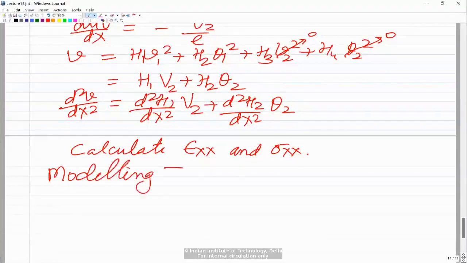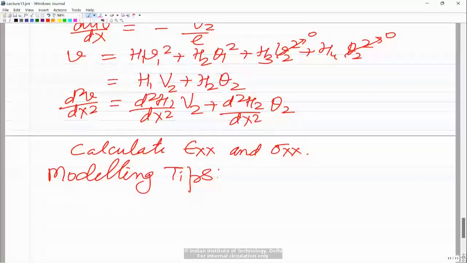Now we have discussed truss element and frame element. After the transformation we have the truss element, which has 2 degrees of freedom at each node, capital U and capital V, and the frame element, which has degrees of freedom capital U, capital V and theta. So where to choose which one? That's the question I want to answer.